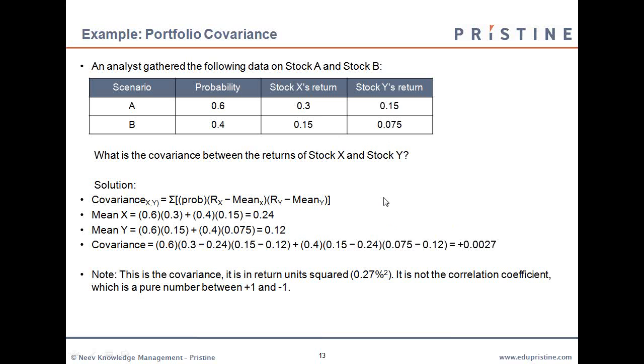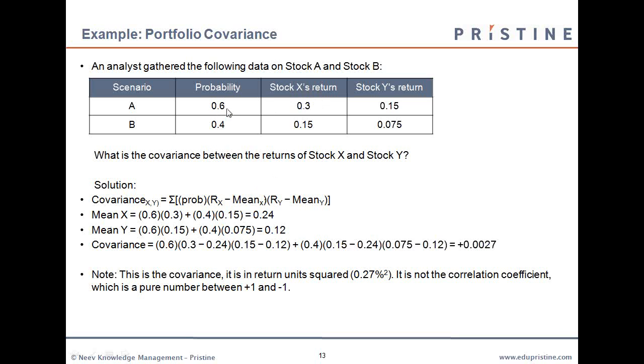So this is related to your statistics, but it is also very important in portfolio management. Okay, so we will be able to revise our concept of statistics also here. So in this case, as you can recall, the covariance is, first we'll find the mean of stock X returns.